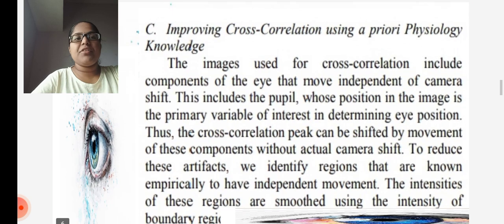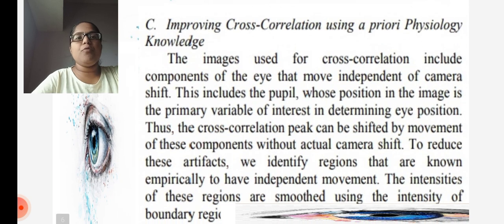The third methodology was improving cross correlation using prior physiology knowledge. The images used for cross correlation include components of the eye that move independent of camera shift. This includes the pupil, whose position in the image is the primary variable of interest in determining eye position.